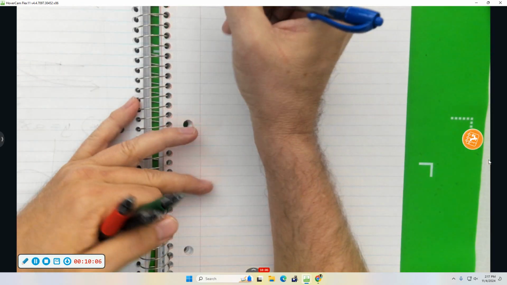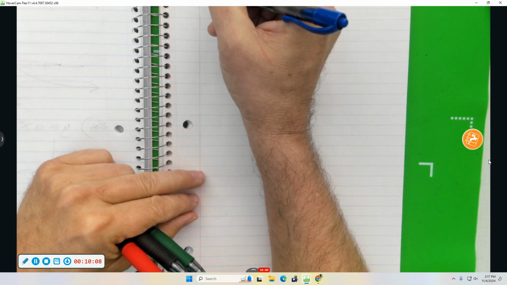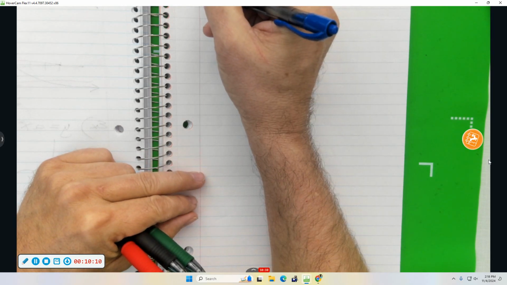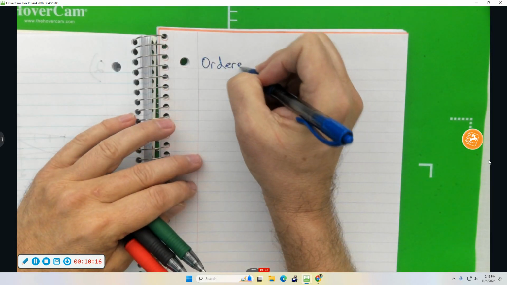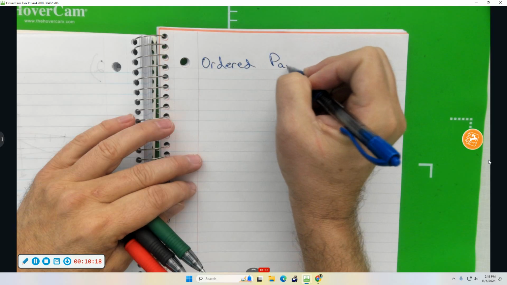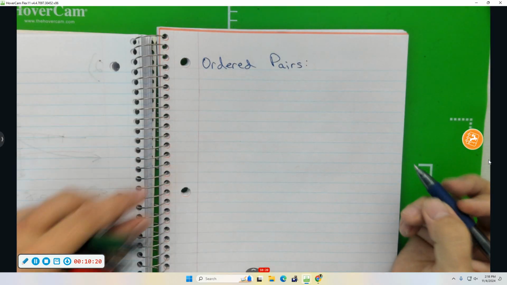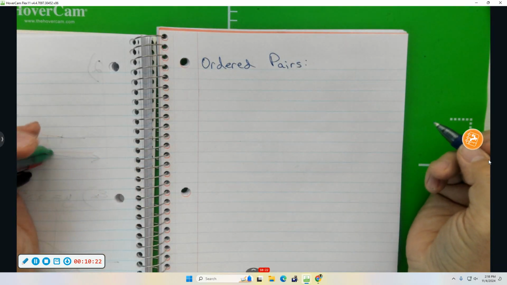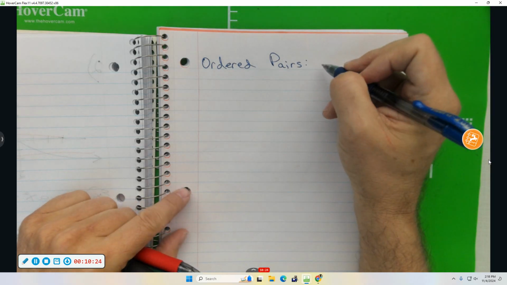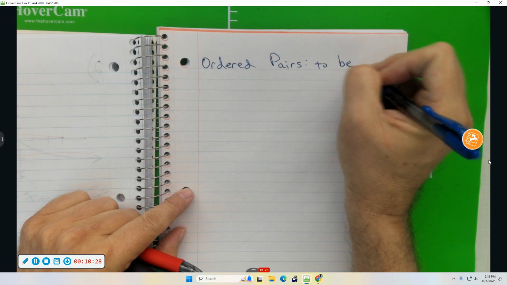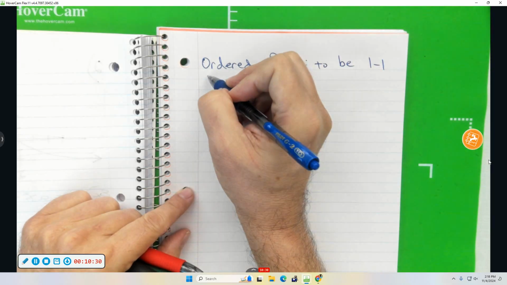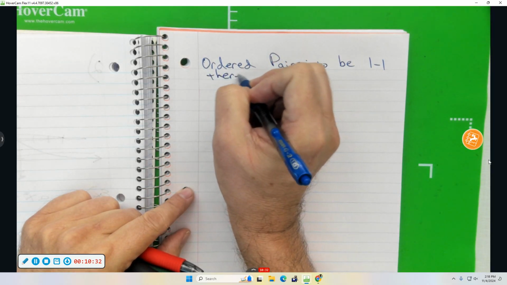So with ordered pairs, how do you decide if they're one-to-one? Make sure there's no repeated y values. To be one-to-one, there must be no repeated y values.